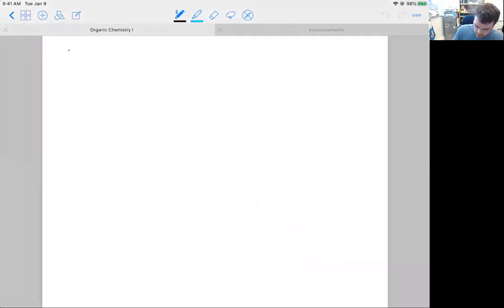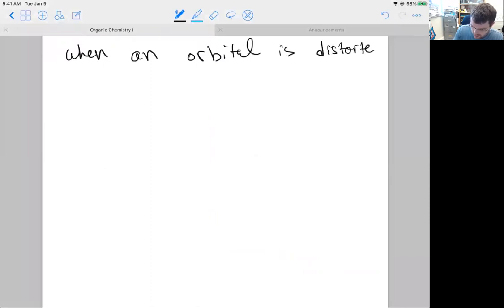Now, what does it mean to be distorted? So when an orbital is distorted, there's sort of a larger region and smaller region, because we're always talking about the connection of two elements. It's never more than that. I mean, it can be. Yes, it can be.